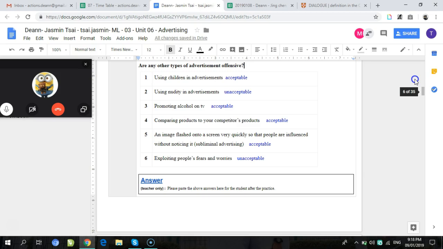And if there are children in the advertisements playing with those toys, okay. Why do you think it's possessive? People might think those toys seem interesting and make people want to buy it.